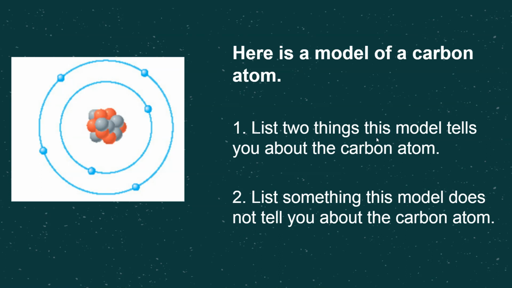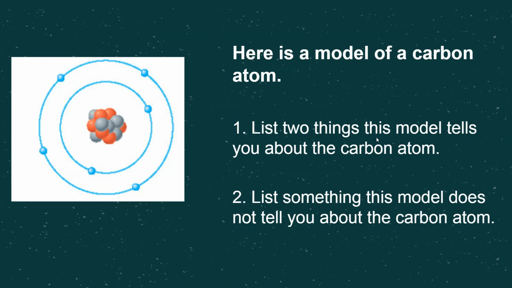Something to think about as well. What is something that this model doesn't really tell us about the carbon atom itself? So far, really, we've talked about the locations of these particles. Something that looking at this model can't tell us is anything about the actual sizes of things. There's no scale on this model.